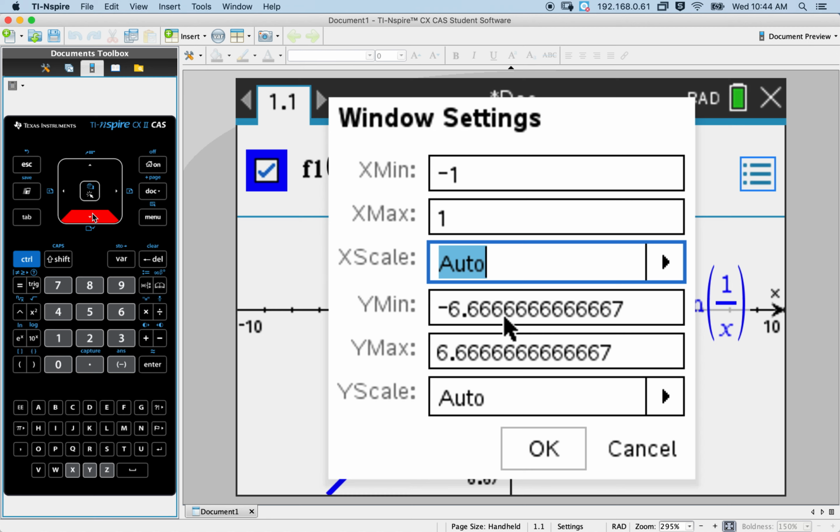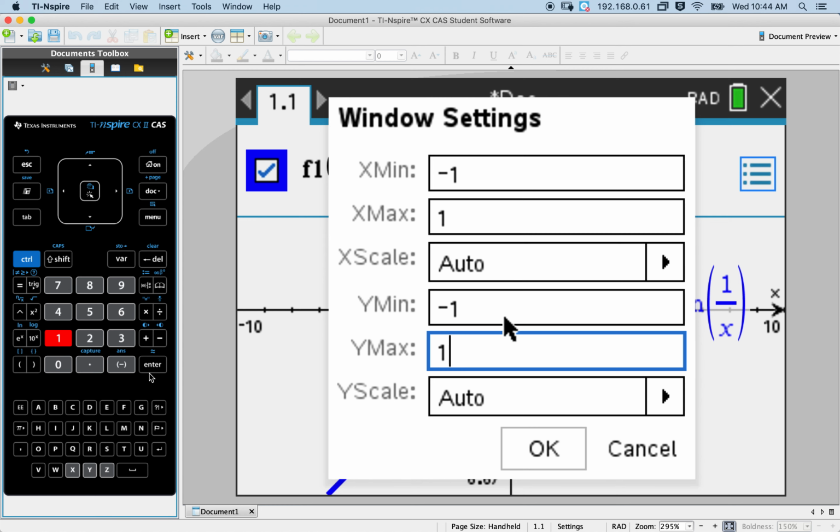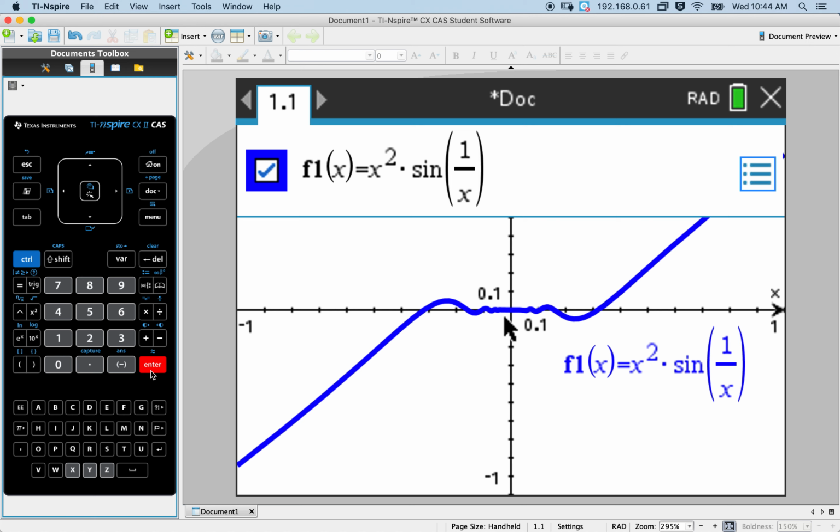I really kind of want to just zoom in and see what's happening there. Okay, -1, and 1. So I'm going to zoom in and just see what's happening. Well, it's still hard to see, right?